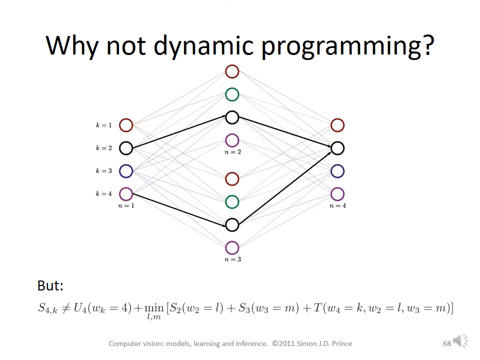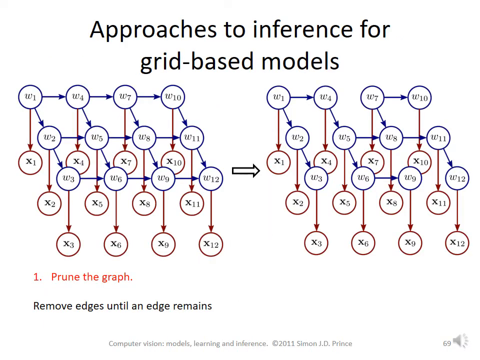So dynamic programming isn't going to work for these kinds of situations where we have a loop, so we might have some ideas for alternatives. One approach would be to prune the edges. So what was initially this highly connected graph on the left, we could imagine that now we take away the loops, and on the right we just have these directed edges where you have branches and the path never loops back on itself.